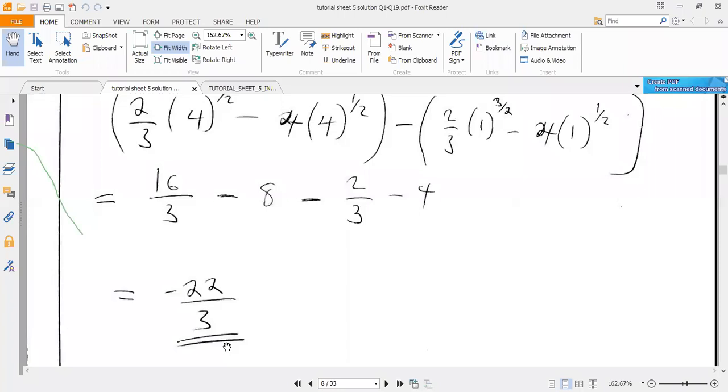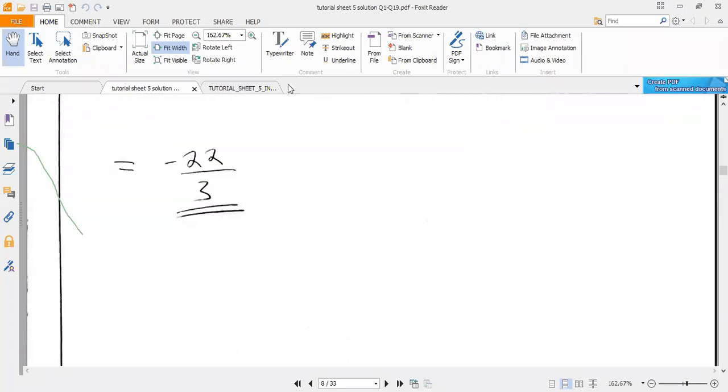Negative 22 over 3. So that is how you go about it. Oh, I'm too fast. Sorry, I'll reduce the pace. So that is how you go about it.